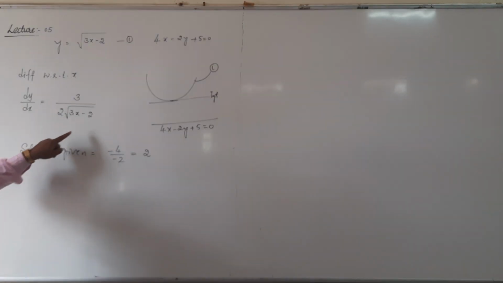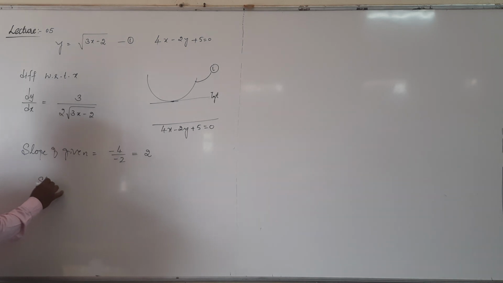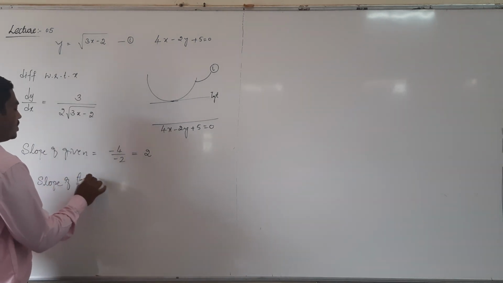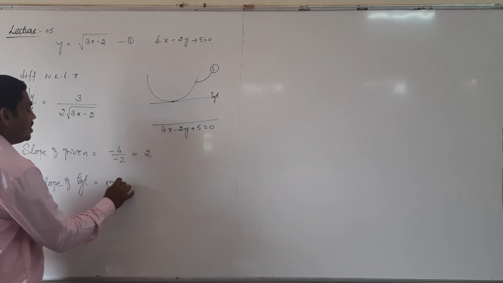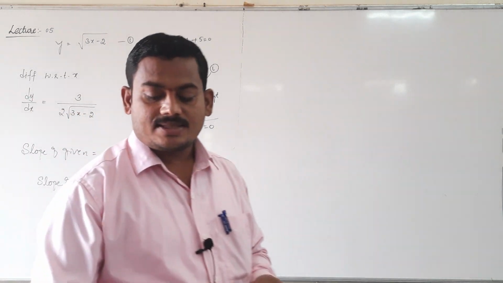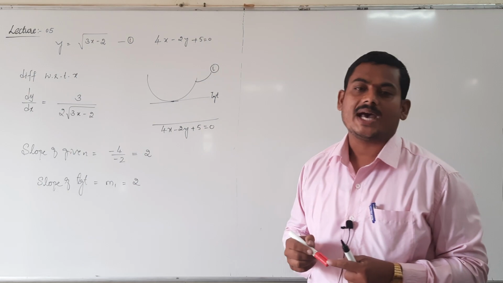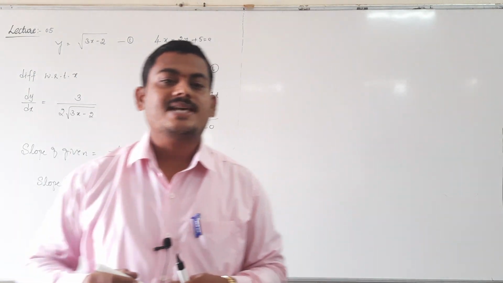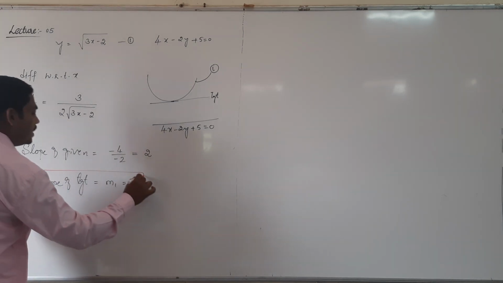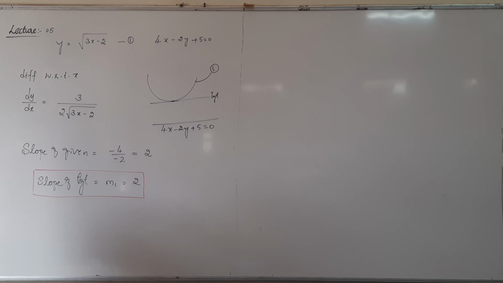Why? Because the tangent line and the given line are parallel. Once two lines are parallel, their slopes are equal.